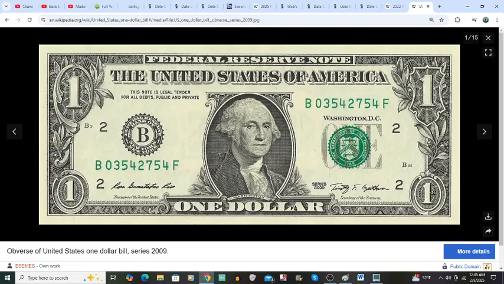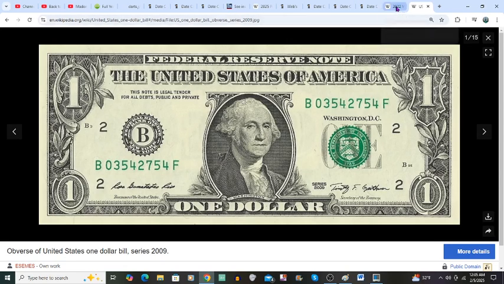This is the $1 right here, and this is the side-on portrait of Washington, linking to our jump over to the start of a new cycle with Lucas numbers.